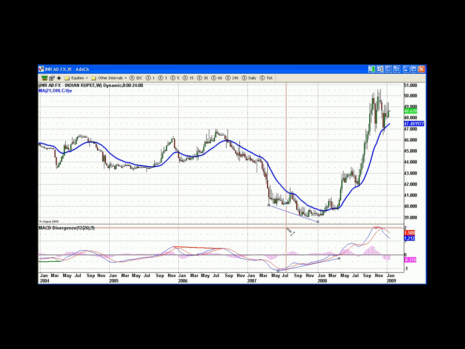And of course, if you look at it from the Indian perspective, it is an extremely bearish chart. So the Indian rupee virtually collapsed to a record low of 50 rupees to a dollar.